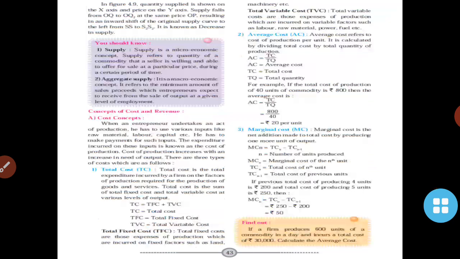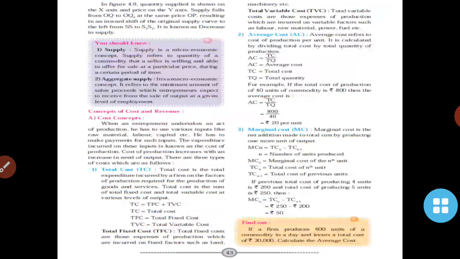We can take the example of a small shopkeeper: the cost of production increases with an increase in output. If the seller has a demand for this product, then the cost level will go upward.